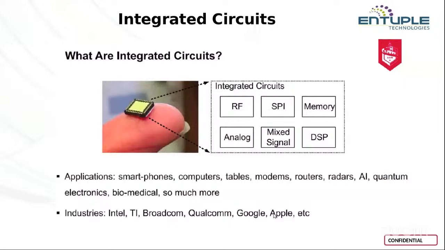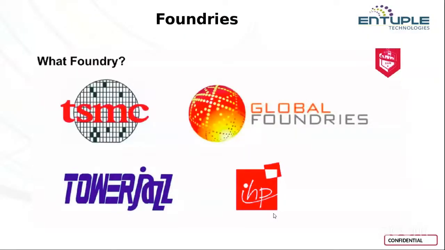So the industries mainly taking this up are Nvidia, Intel, Broadcom, Qualcomm and Apple, right? So these are the industries using them, and the global foundries support all of them. The world leader in IC manufacturing is TSMC, I hope everyone knows that, right? Taiwan Semiconductor Manufacturing.